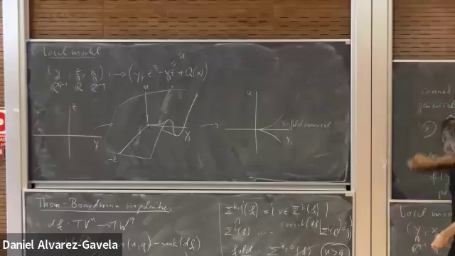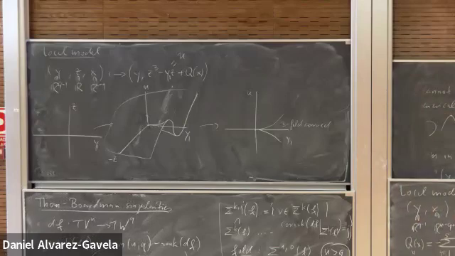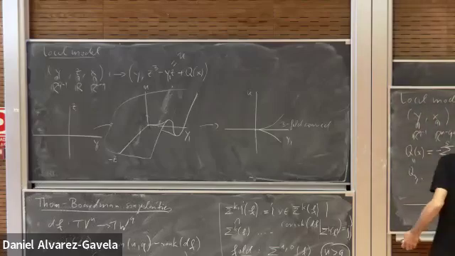Sorry, can I ask one thing? This local model is a local model around this sigma 1,0 in B, right? Yes, so the sigma 1,0 is the axis in this picture. The x is equal to 0. Yes, I can add it.